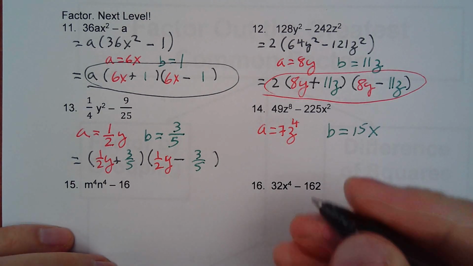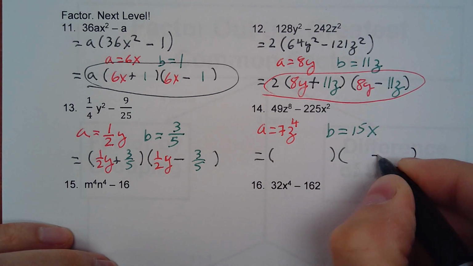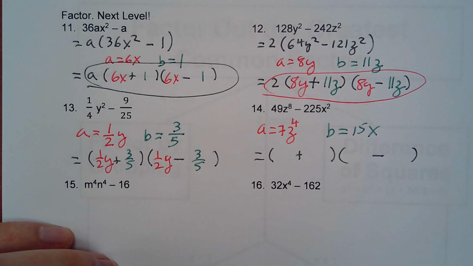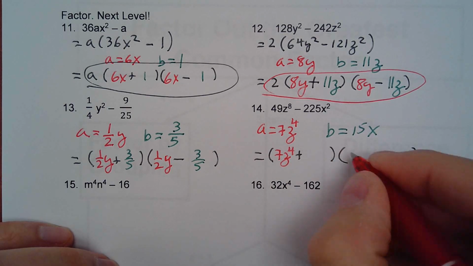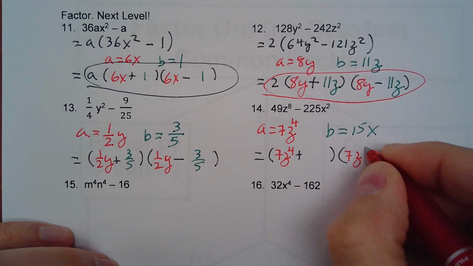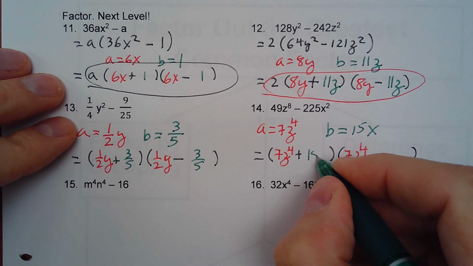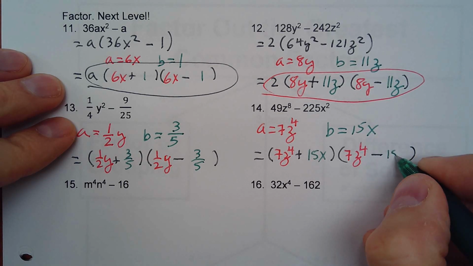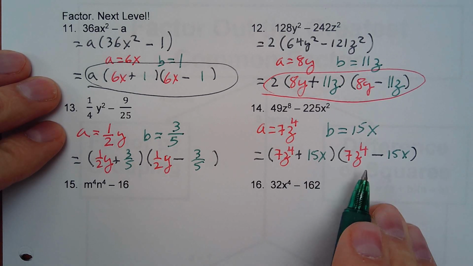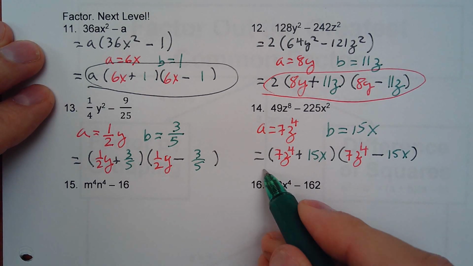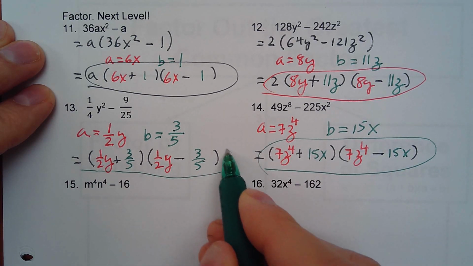So now we just go and plug into our formula. First term is 7z to the fourth. Second term is 15x. So we get 7z to the fourth plus 15x times 7z to the fourth minus 15x. So that's our answer there, and I forgot to circle the answer over here.